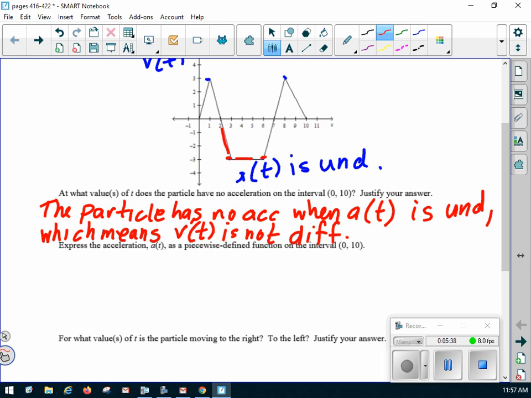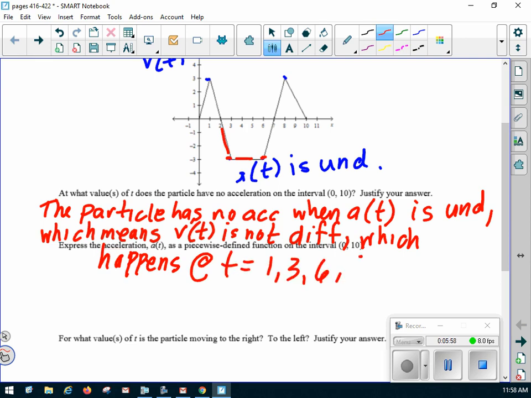You buy that? The particle has no acceleration when the acceleration is undefined, which means the velocity is not differentiable. That's better. Which happens at t equals 1, 3, 6, and 8.